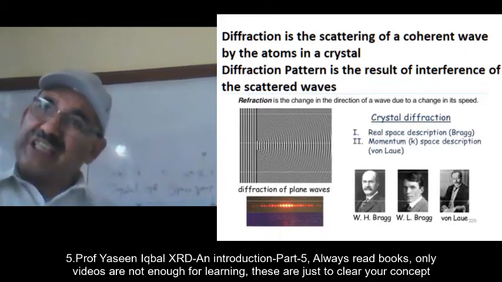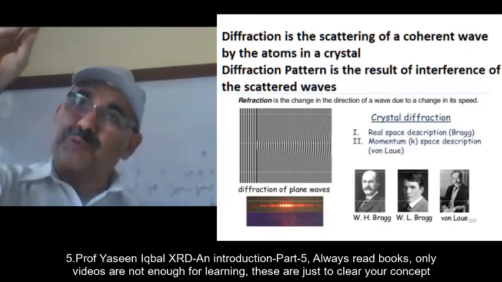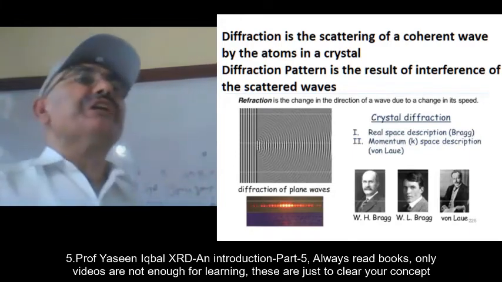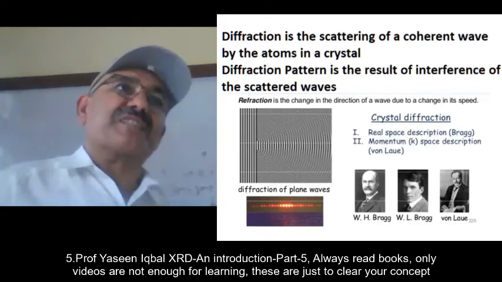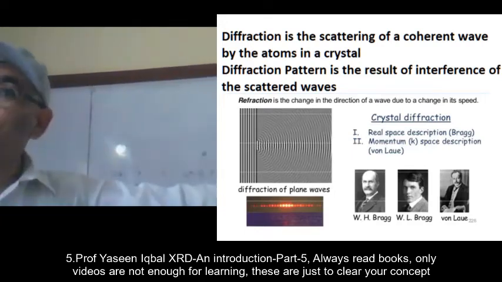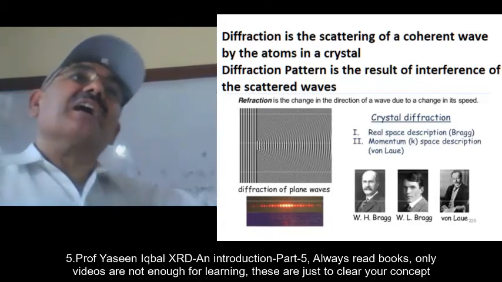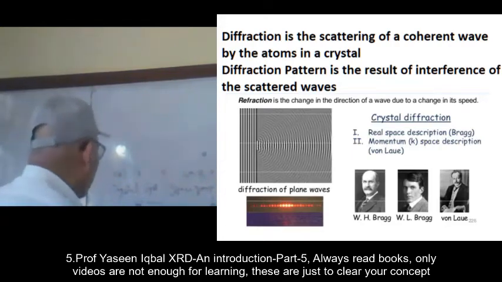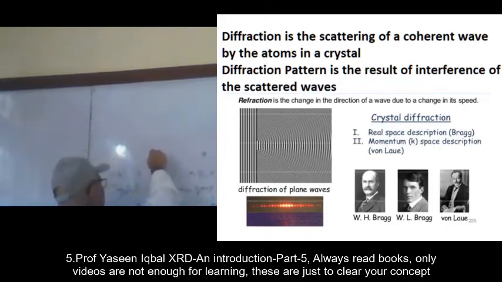And to consolidate, to combine that beam together and select the ones which you need for the analysis of crystal structure, the beam must be monochromatic. Because if your wavelength varies, then in 2d sin theta equals n lambda, if this lambda is variable, then it is of no use.